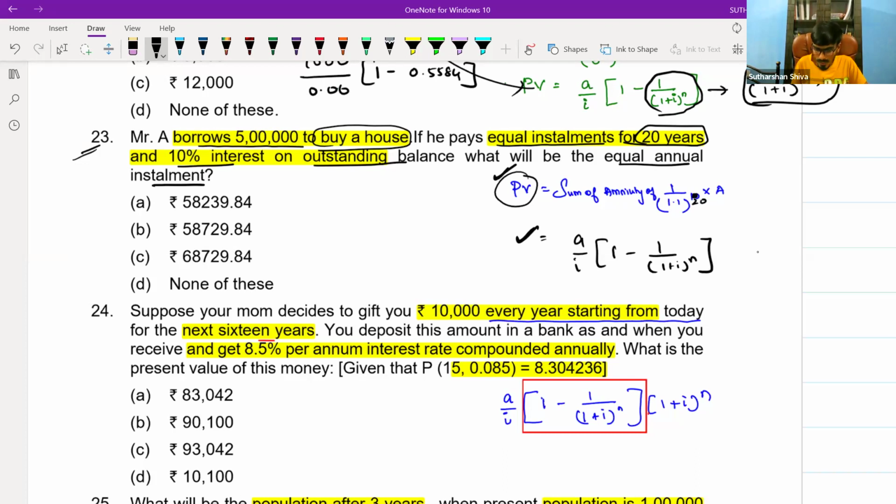Then subtract minus 1, into, divided by 0.1, divided by equal to, into 5 lakh. You will get option B. So either you can go with these two formulas.